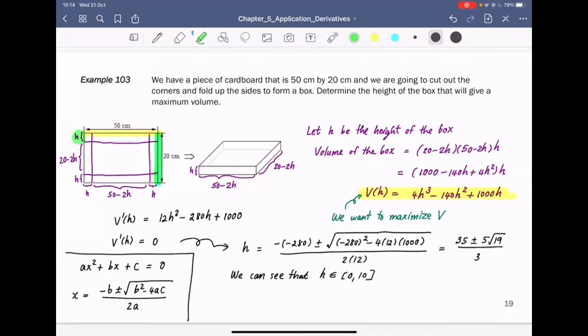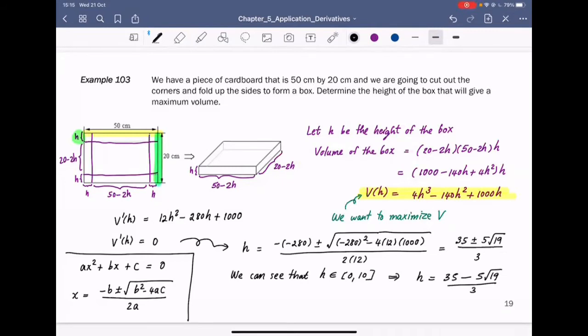It is impossible to get an h that is bigger than 10. So your value h must be 35 minus 5 times square root 19 over 3. It cannot be plus, because then h would be bigger than 10, and that is impossible for this problem. So this is going to be my h.